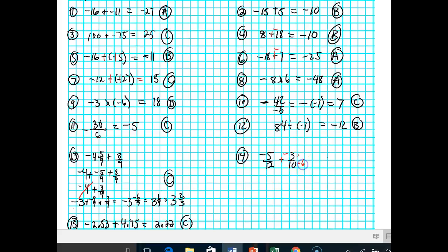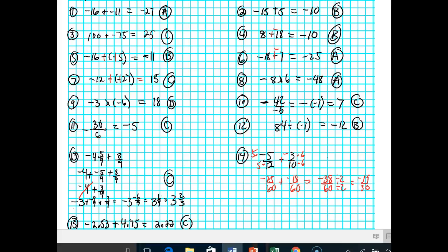So times 6 times 6 times 5 times 5. So you get negative 25 over 60 plus negative 18 over 60. 25 and 18, 35, 38, I think. Yep, negative 38 over 60. We can divide both those by 2, and we get negative 19 over 30.